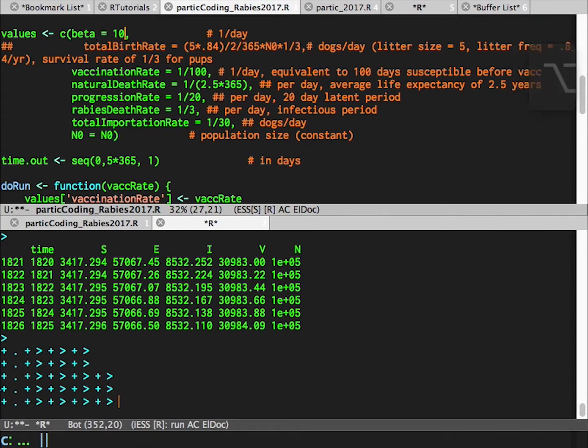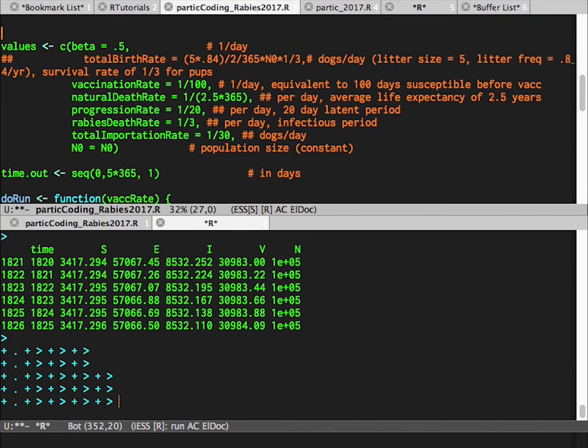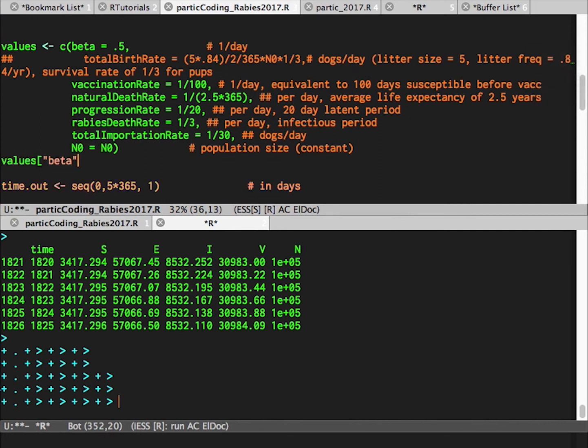0.5, right? So it's actually 1.14, but I don't know.